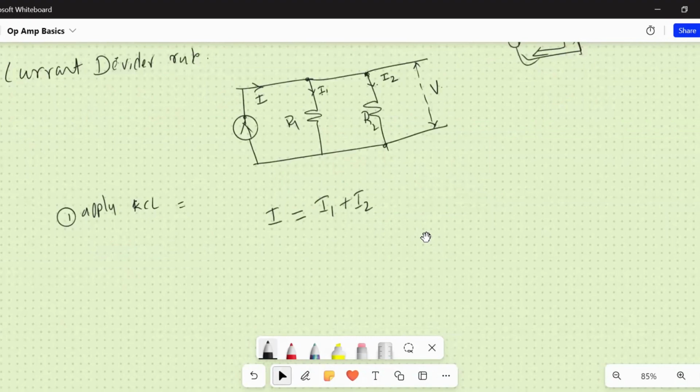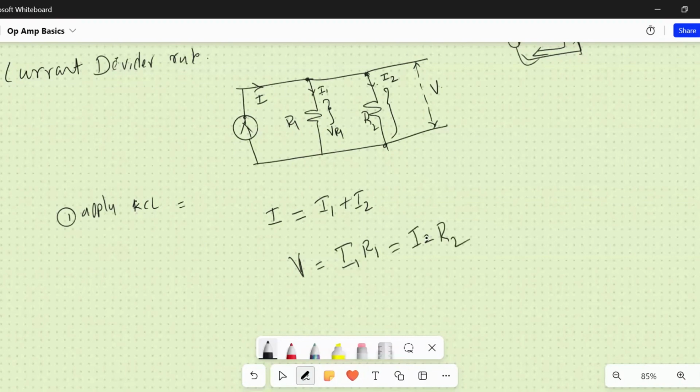KCL. What is the voltage across this? Can I call the voltage across this VR1, correct? So the voltage drop is equal to I1 into R1. The same voltage drop also appears here, which is also equal to I2 R2.